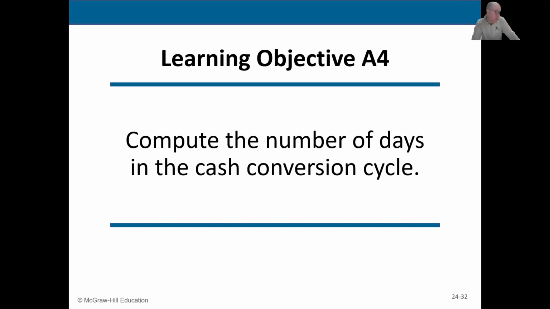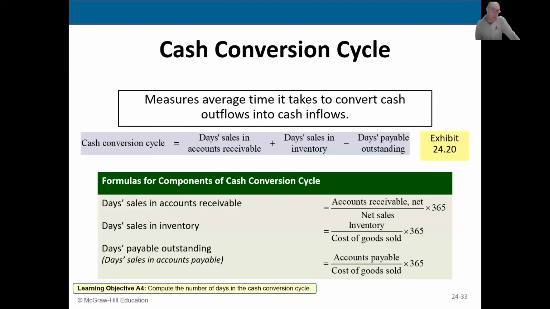We also talked about transfer pricing. Now, of course, we need to cover a couple of other ratios and formulas to help you understand how a manager evaluates the performance of the business.